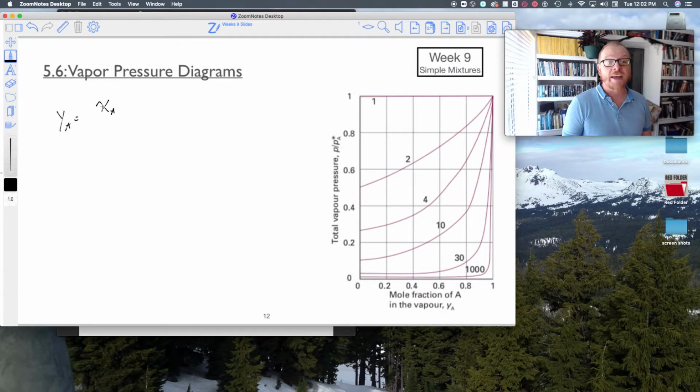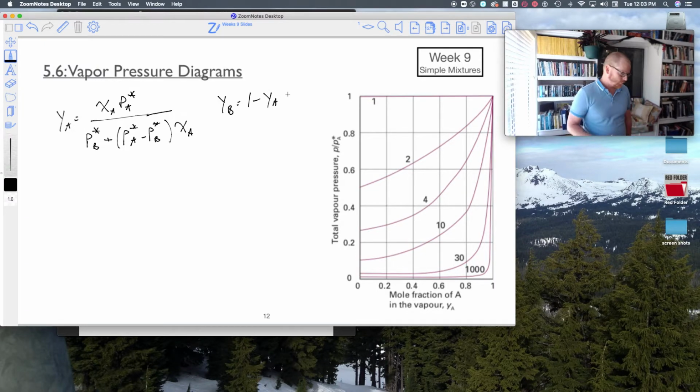YA equals chi A, the mole fraction in the liquid, times the pure vapor pressure of A, divided by the pure vapor pressure of B plus the difference between the vapor pressure of A minus the vapor pressure of B times chi A. And then, of course, we could say YB simply equals 1 minus YA, right?